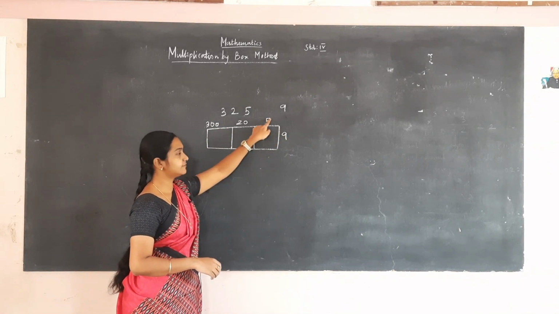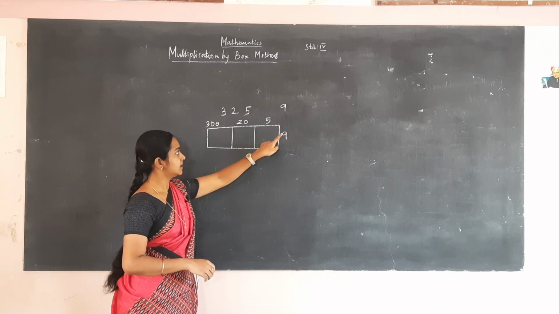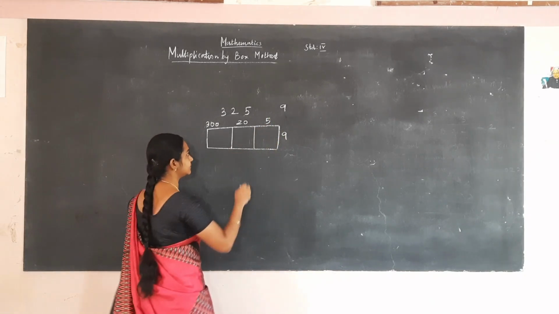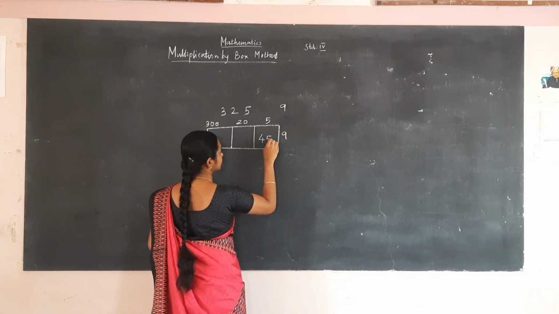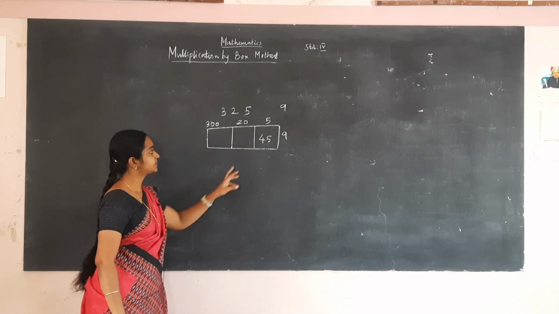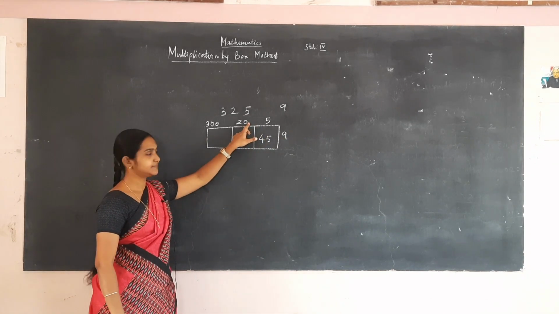Multiply 9 and 5. I am writing this in the box. 9 into 5 is 45. Now 9 into 20.